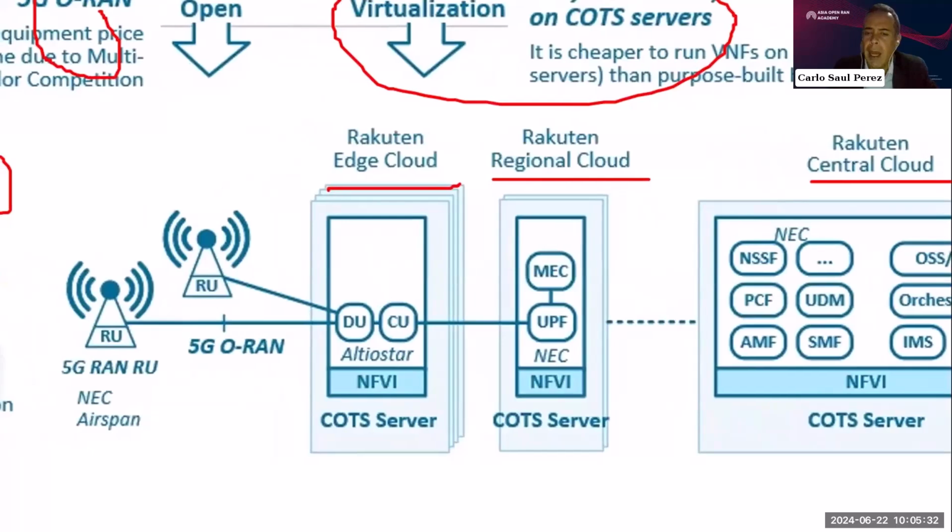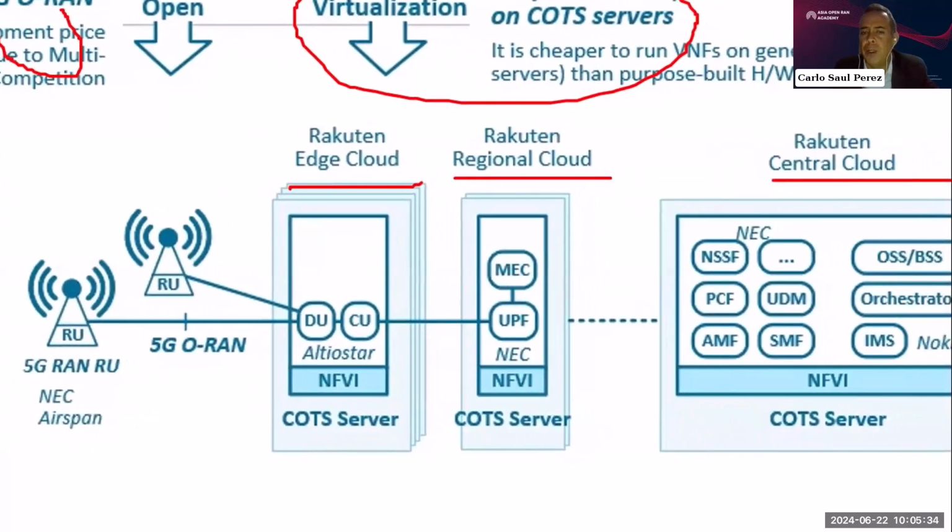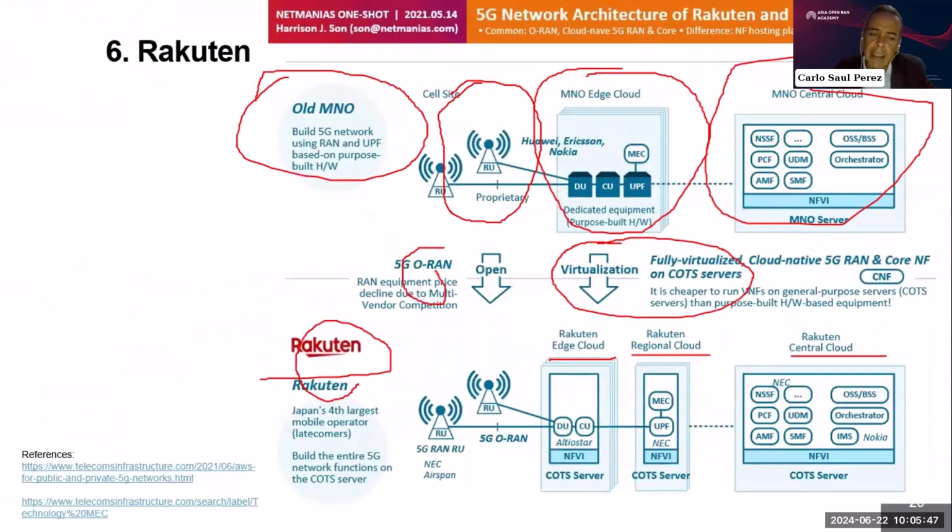So here, I think it's a good example of putting together, or working together, the central cloud or general cloud, and also the edge cloud working at the same time. But in this case, used by a proprietary or private Rakuten cloud, developed in working together with Nokia.